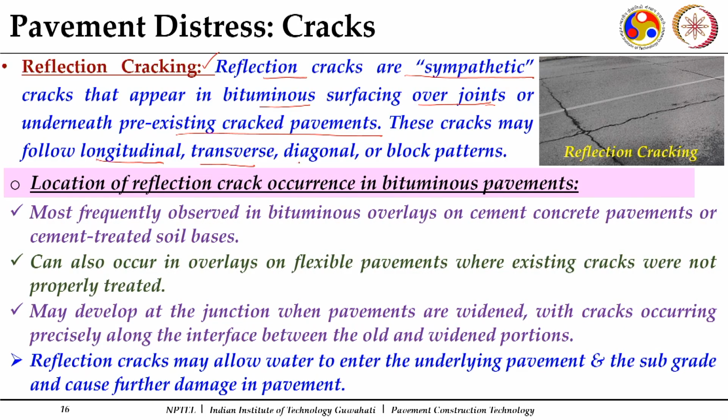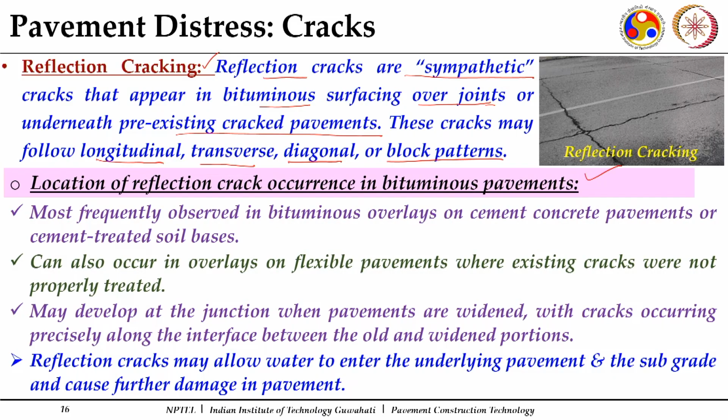These cracks may be longitudinal, transverse, diagonal, or block patterns, mainly related to the crack pattern in the underlying courses. Now, the location of reflection cracks: they occur where the chances of cracks getting reflected from the underlying course to the surface course are more.